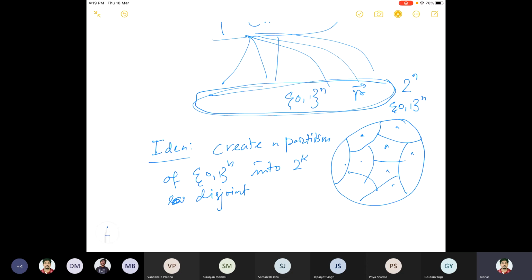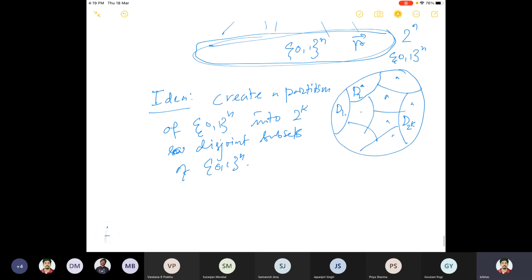How to create this partition is what we need to find. Let me say this is D1, this is D2, and so on, up to D_{2^k}. Let us denote the subsets as D1, D2, up to D_{2^k}.